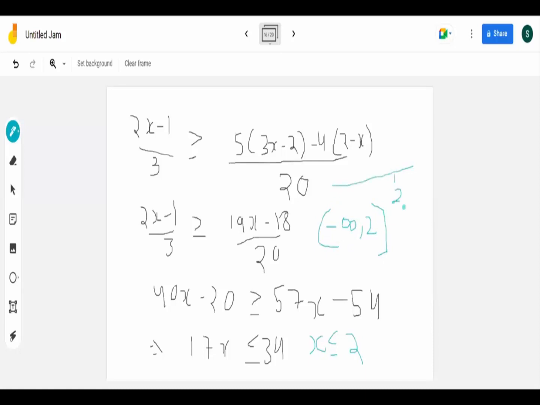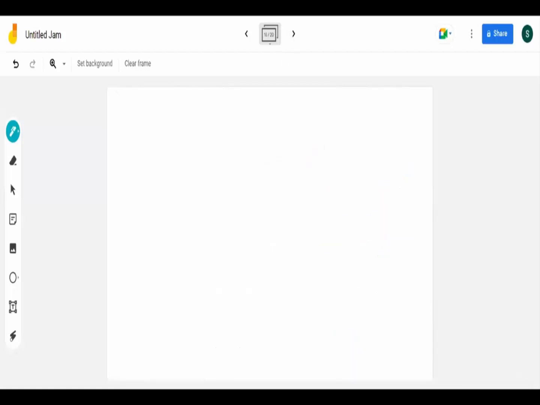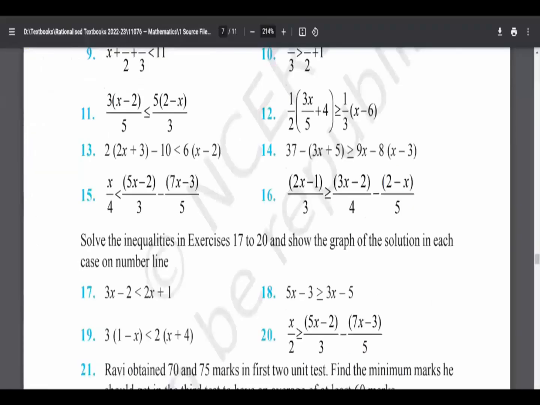This is 2, we have to include 2, and less than 2 means till minus infinity, covering all the x. So now we have completed till 16, and what we have learned is we just have to use the two rules and simplify: take the LCM, open the brackets, cross multiply.